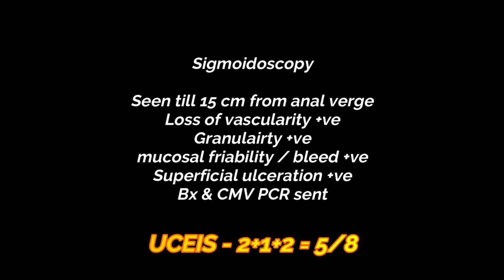They saw up to 15 centimeters. There was granularity, the mucosa was friable, and mucosal bleeding was positive. There was superficial ulceration, a biopsy was taken, and PCR was sent for cytomegalovirus infection. So the UCEIS was 2 plus 1 plus 2, which is 5 out of 8.